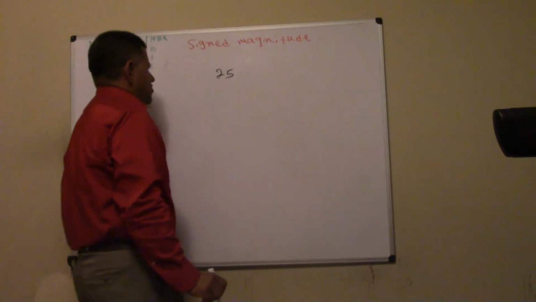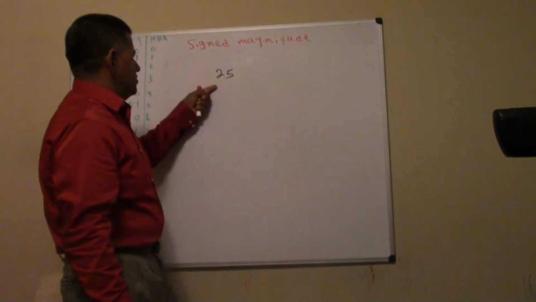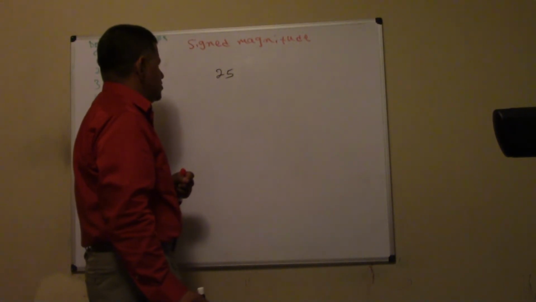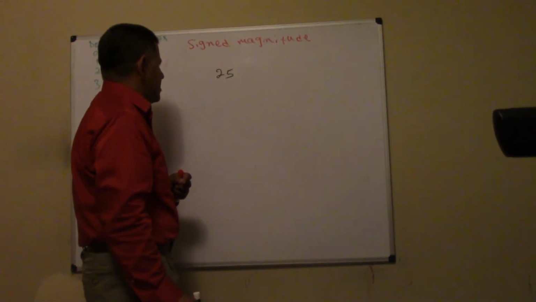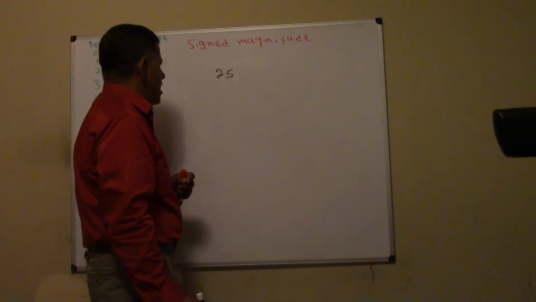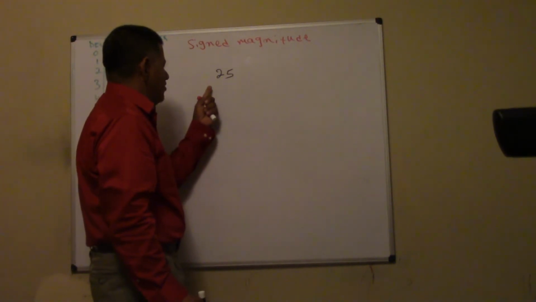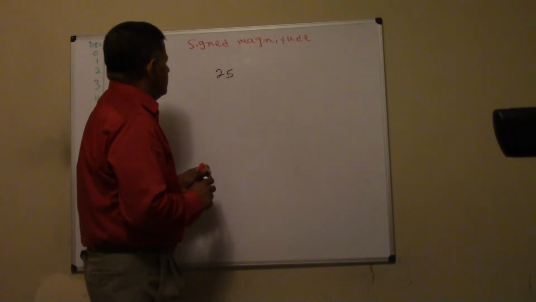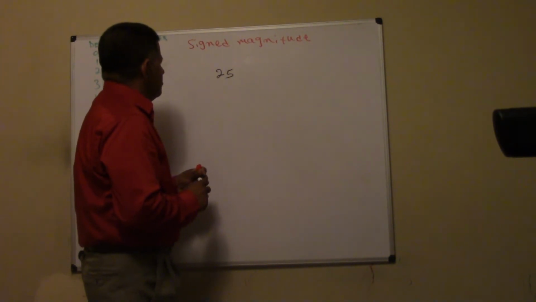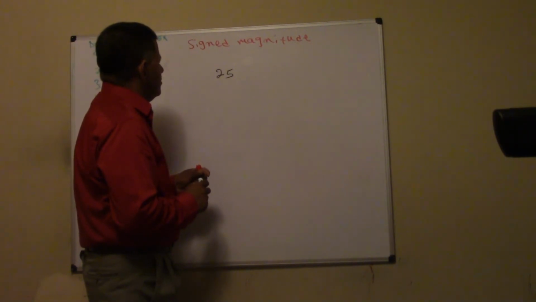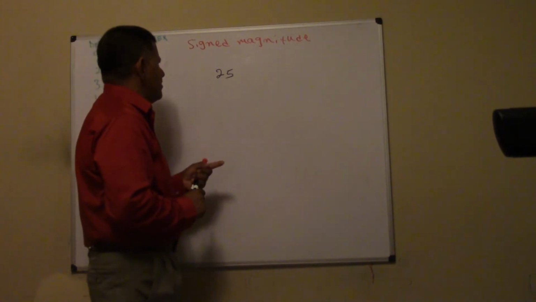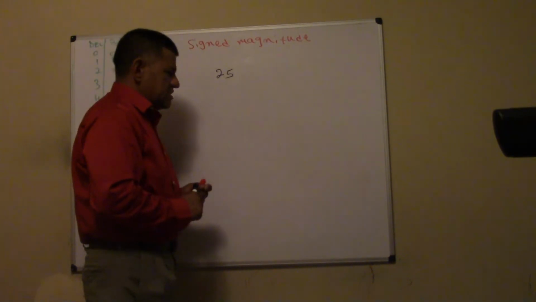So first of all, how do I get 25? In this case, I will have to use a couple of different bits, because 25 is greater than 16.